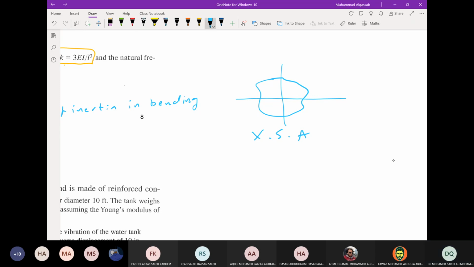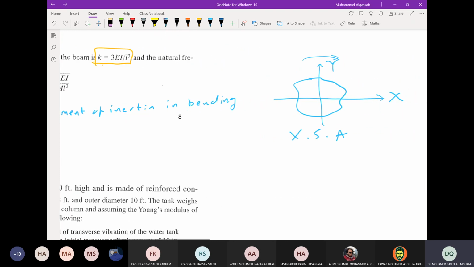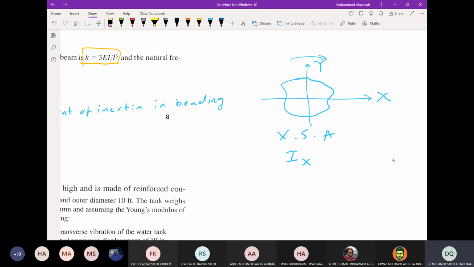So if bending is in this direction, it will be about this line, let's say Y. If bending is in this direction, it will be about X. I don't want to confuse you with the coordinates because we are already using X for motion, so let me make it capital Y and capital X. So there is Ix and there is Iy. Note this is point O, not Io.